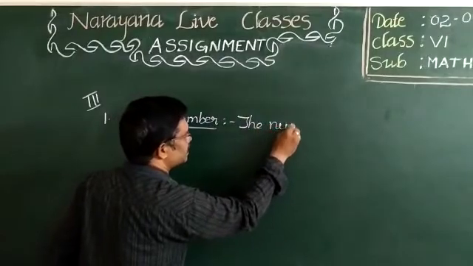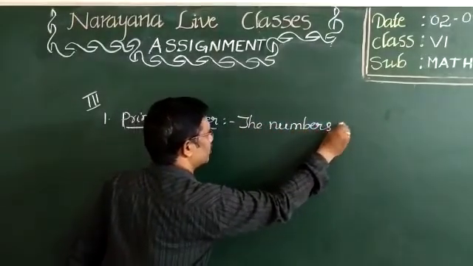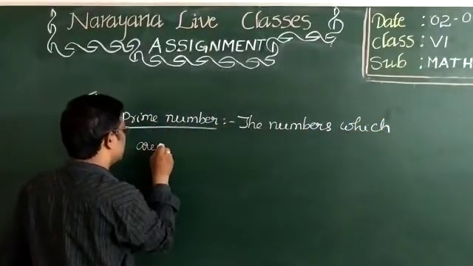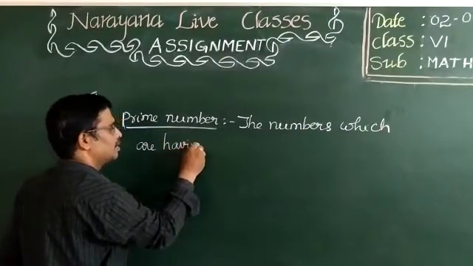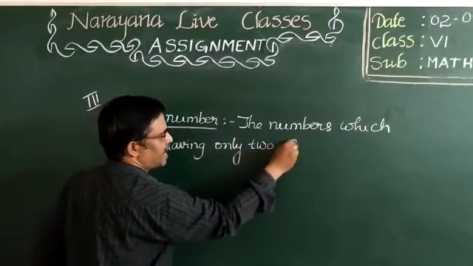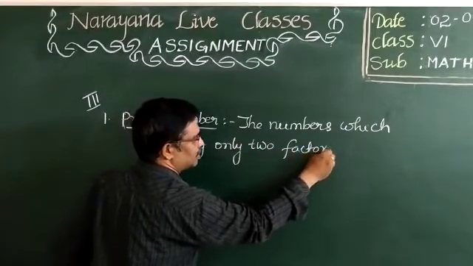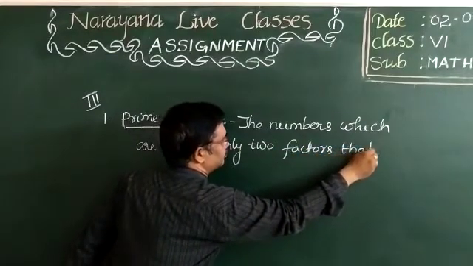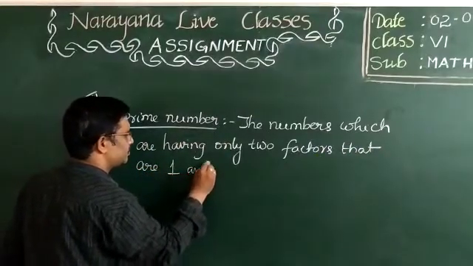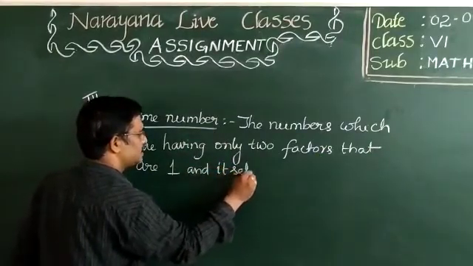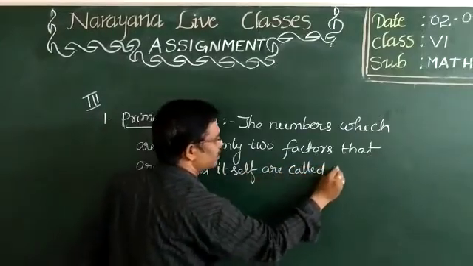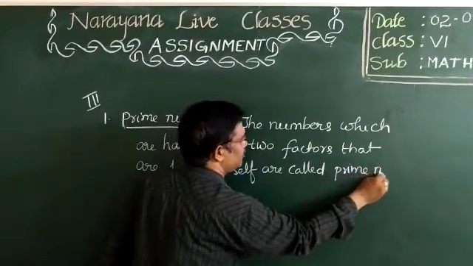The numbers which are having only two factors, that are 1 and itself, are called prime numbers.